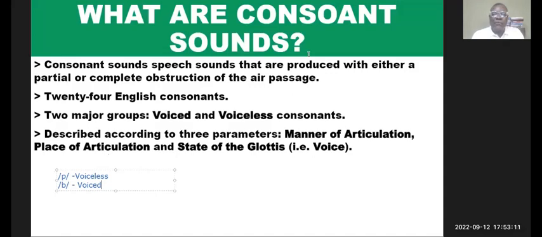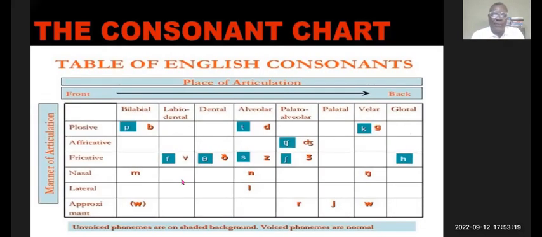Let's now move on to look at other things that are important. I'm not going into details. This is the consonant chart, and I just want to show you. You can pause and look at the chart. Here you have manner of articulation, which I earlier talked to you about, and here you have place of articulation. So here you have plosive, affricate, fricative, nasal, lateral, approximant.